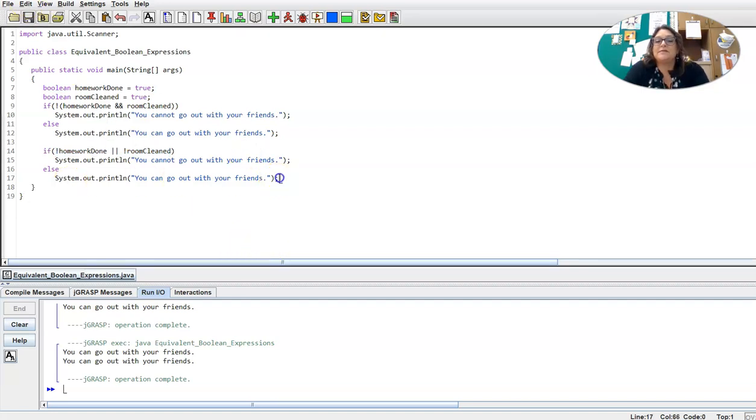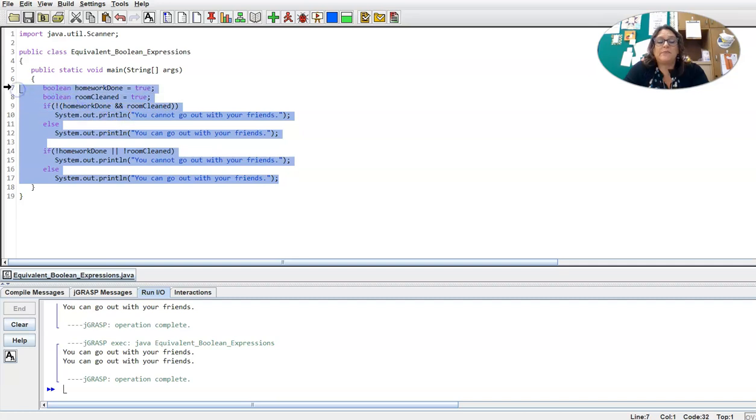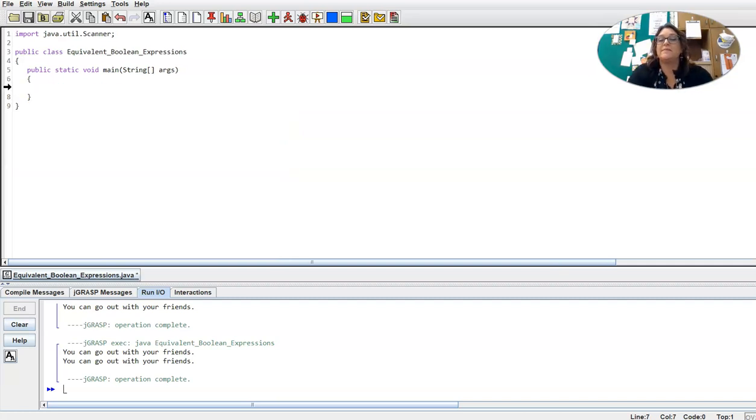So now let's look at some more equivalent Boolean expressions, this time using integers. So we'll say int x is 1 and y is 2 and z is 3.